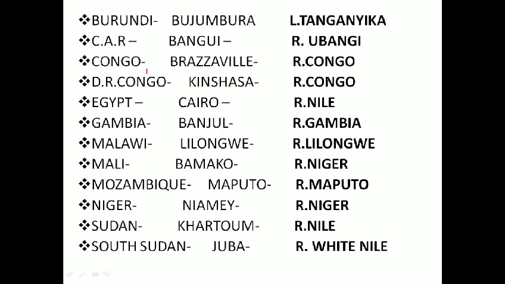Now Congo, the country, capital Brazzaville, and it is located on again river Congo. So you see the capital city is located on a river which shares the name with its country. Interesting. The same way, Democratic Republic of Congo, its capital Kinshasa, is also located on the same river.